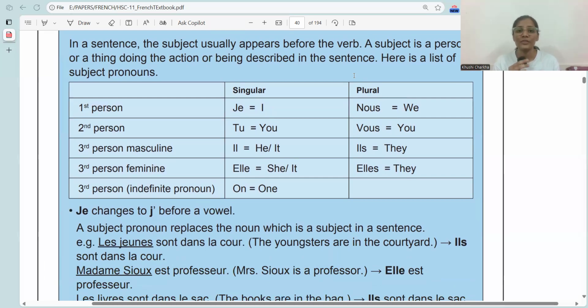Repeat after me. Je, tu, il, elle, on, then plural, nous, vous, ils, elles.